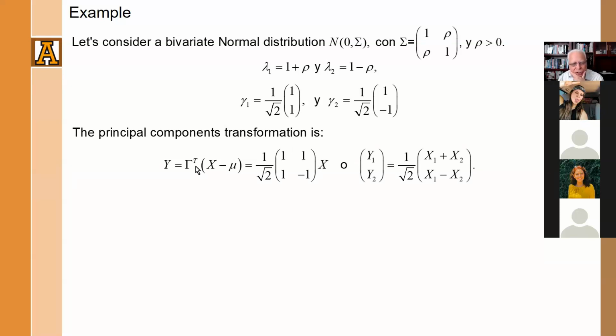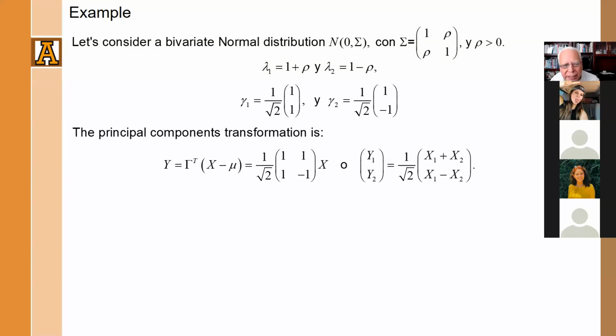If we take gamma transpose times x minus mu, remember, gamma transpose has rows 1 over square root of 2, 1, 1, and 1 over square root of 2, 1, minus 1. So my transformation would be y1 equals x1 plus x2 divided by the square root of 2, and y2 equals x1 minus x2 divided by the square root of 2.